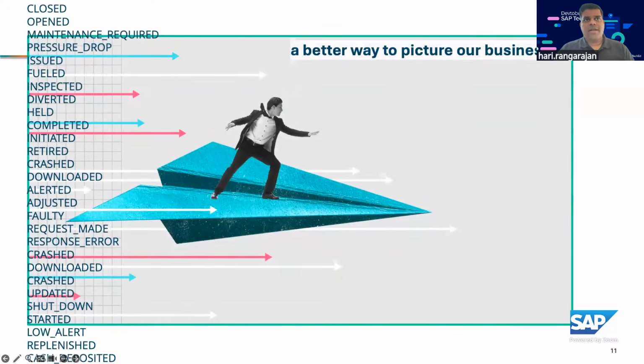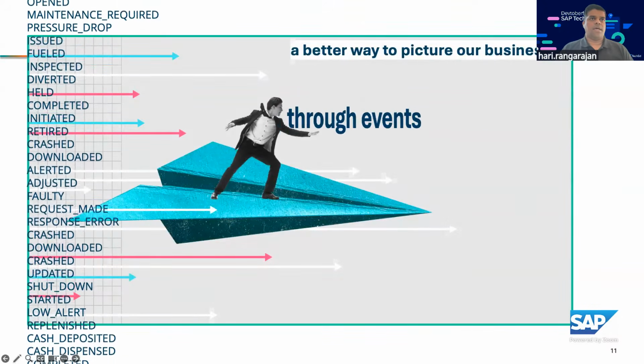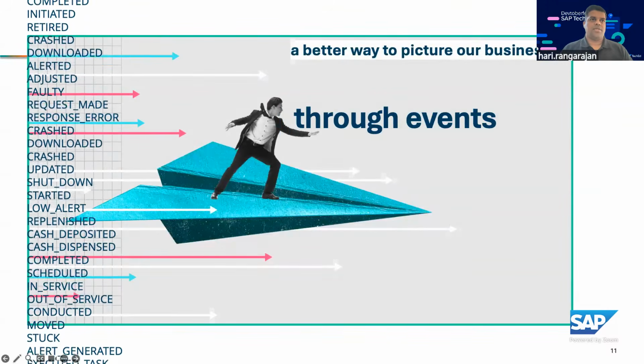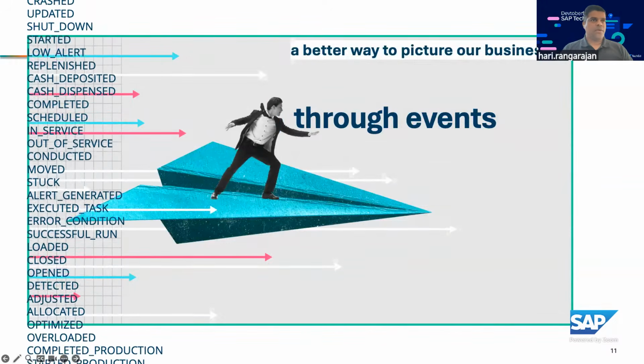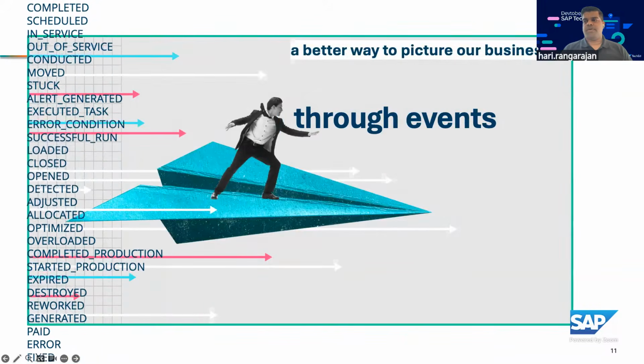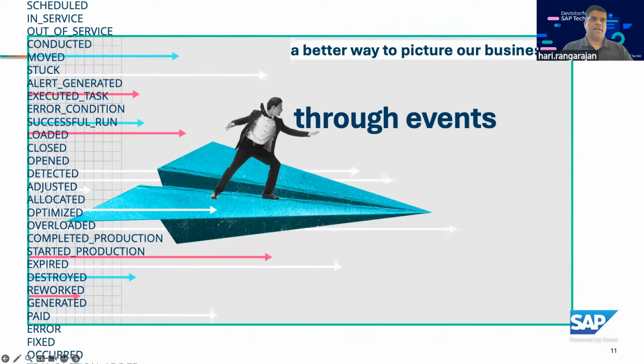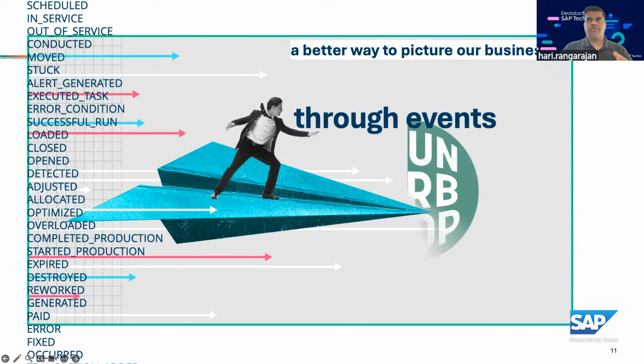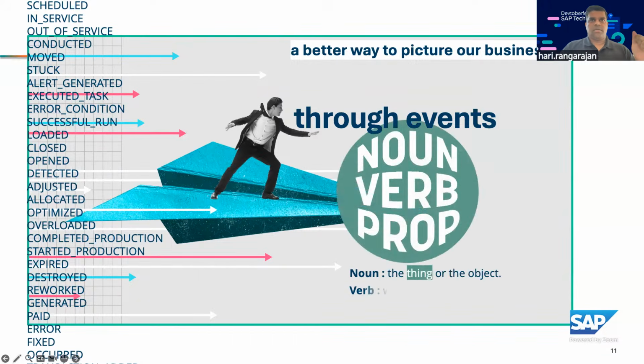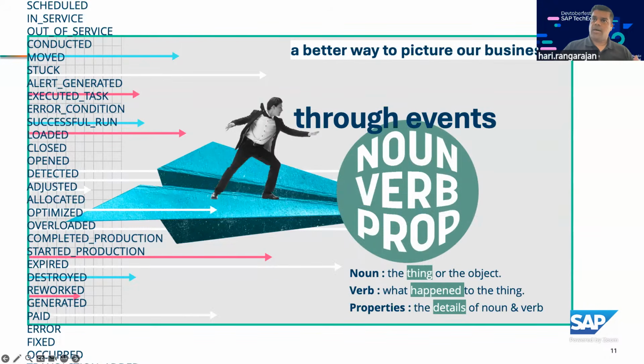Now, if you're on a manufacturing floor or an FMCG organization or something along those lines, you could have a variety of different processes. Things like production line has started, something has been loaded on, a task has been executed. Now, each and every one of these event processes, like the start of a production, can be visualized as production started: production, the noun or the thing, started, the verb that has happened to the thing.